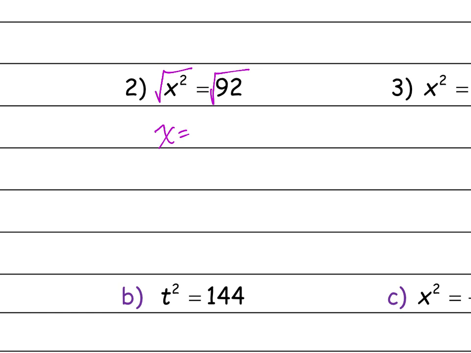So 92 equals the square root of 4 times 23. Times 23? Yeah, so it's 4 times 23. And the square root of 4 is 2. And then the square root of 23 is just the square root of 23.